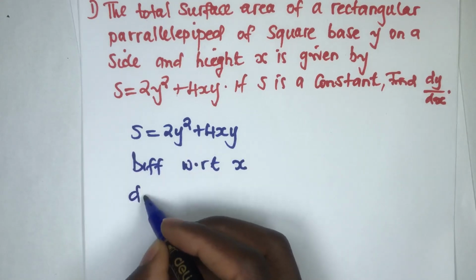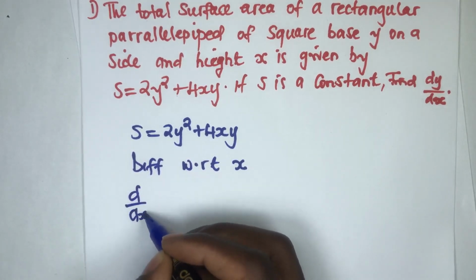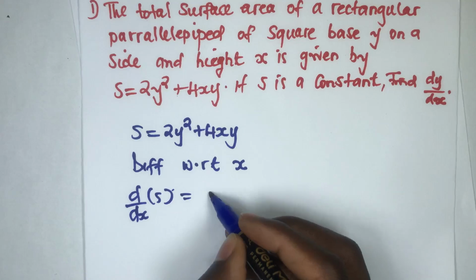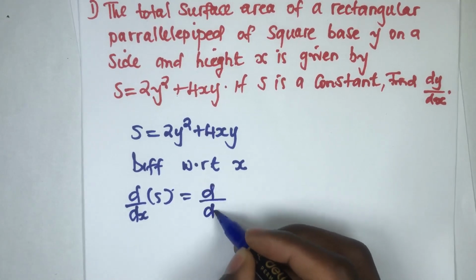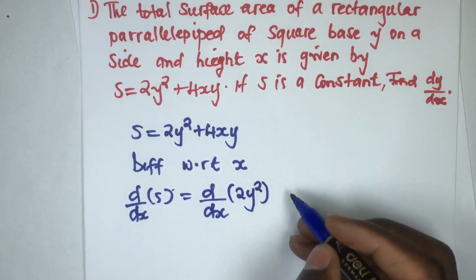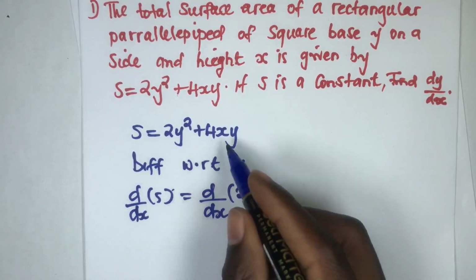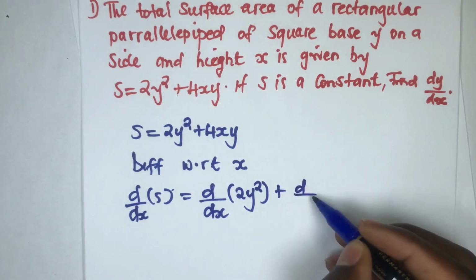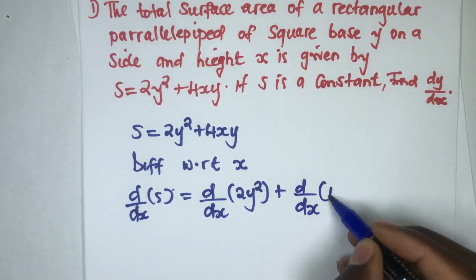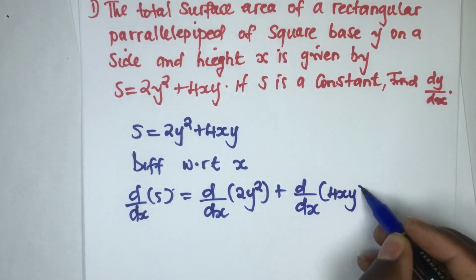We introduce this expression: dS = differentiate this function with respect to x. We also differentiate that term, 4xy, with respect to x.